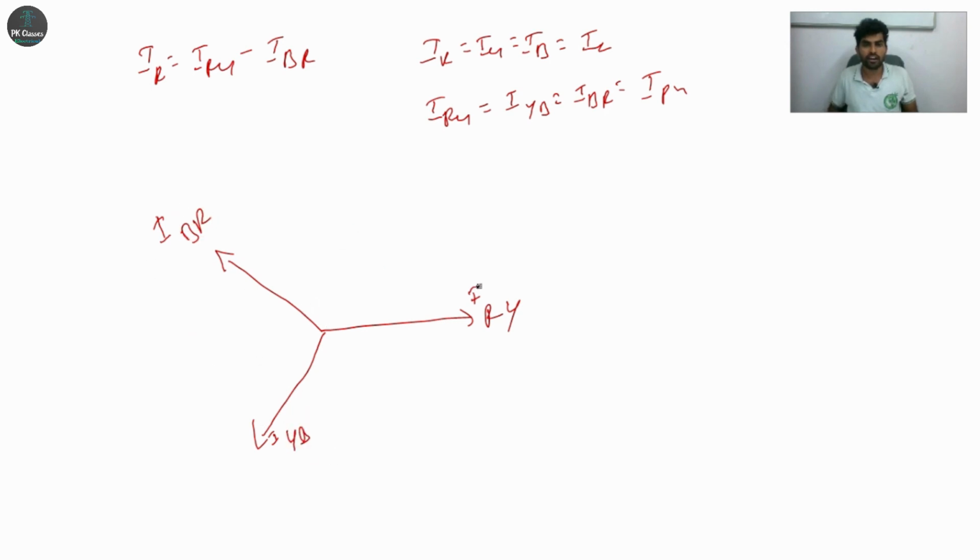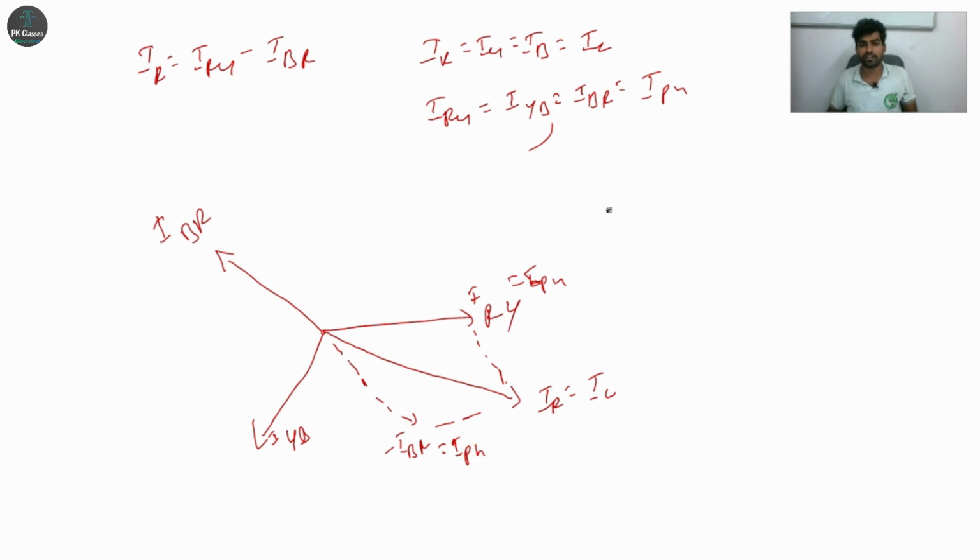So IRY is present over here. IRY will be there. Minus IBR we want, so opposite of this IBR. So definitely this one is minus IBR. So I'll be taking the resultant here. So I'll just add here to here. We will get IR. IR is equal to IL. IRY is equal to I phase from this equation. And minus IBR also equals I phase.